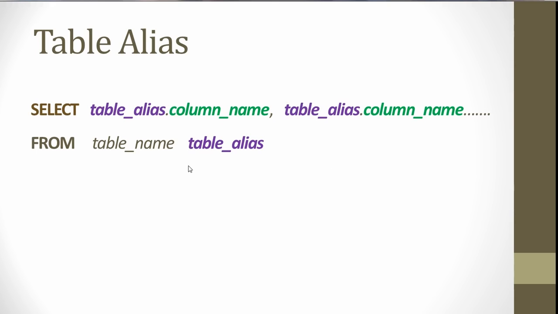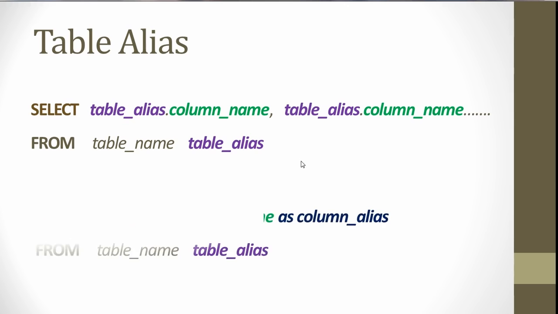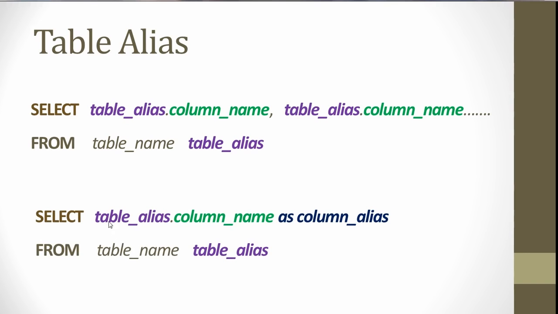The purpose of table alias, I feel, is much more useful when you have two or more tables, so it will become more clear in the next few lessons when we handle joining of tables. Here is another way to combine the table alias and also the column alias. I think all these concepts will be more clear when we actually run our queries.